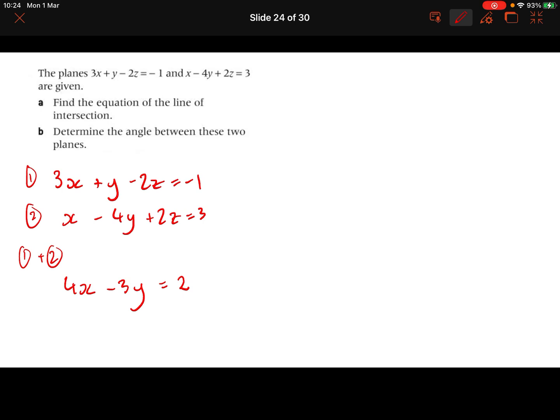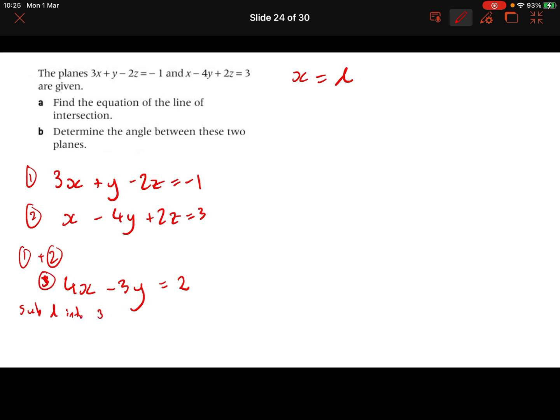Now, I'm looking for the parametric version of this line. So I'm going to arbitrarily set x to be equal to lambda. If I do that, I'm now going to sub lambda into this equation, which I'll call equation 3.